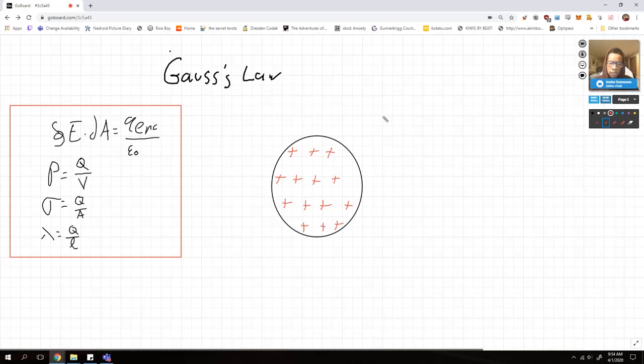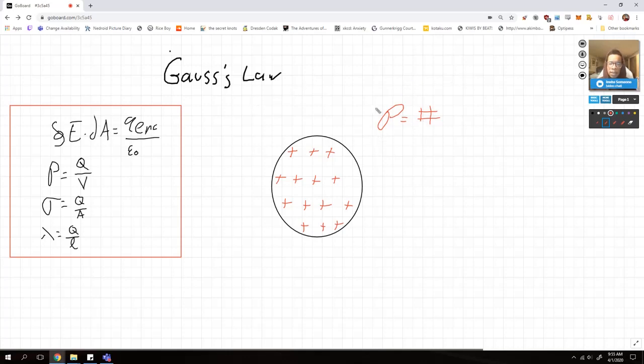It'll tell you that the charge density rho is equal to something. Let's just call it a number; the charge density is some number.